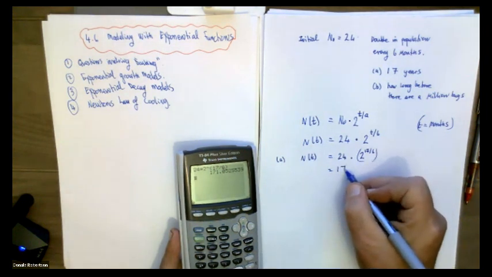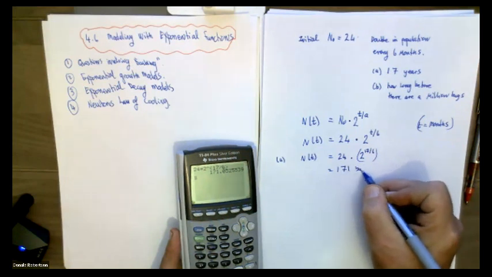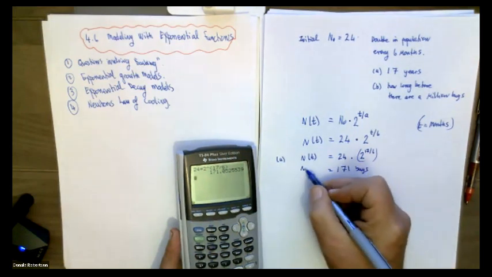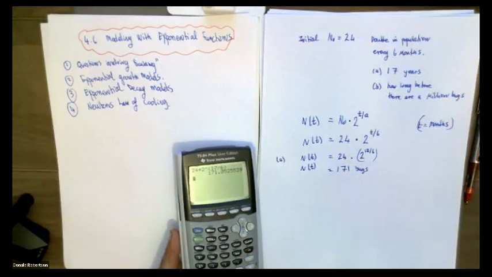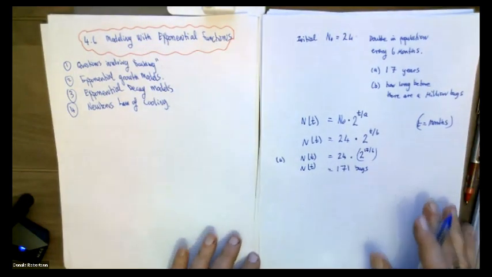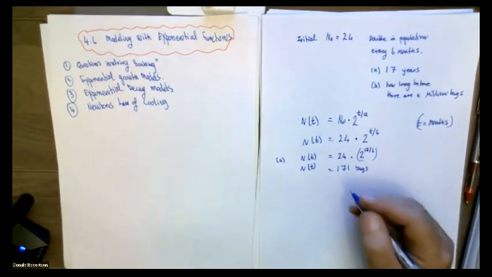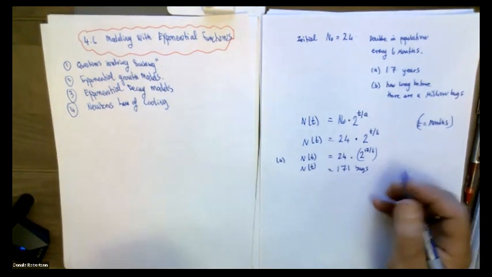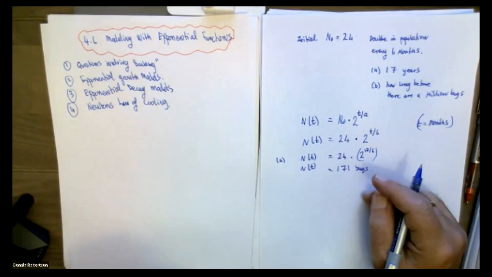There's going to be, to the nearest whole number, 171 bugs. You wouldn't even know that it entered the country, right? 171 bugs could hide easily in any orchard. You would just think, yeah, there's another weird bug.